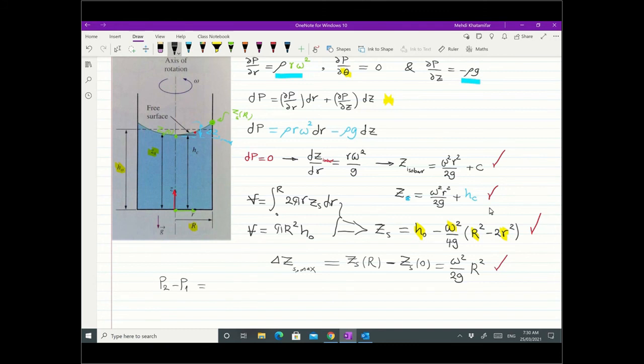P2 minus P1 is going to be rho omega squared divided by 2 times (R2 squared minus R1 squared) minus rho g times (Z2 minus Z1).